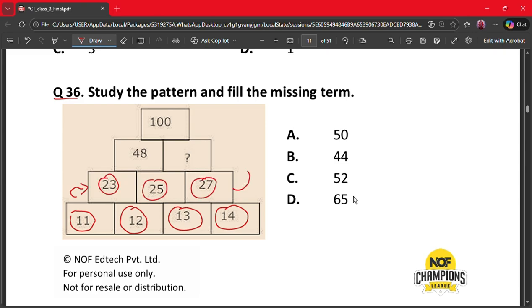And if you add these two, you will get the sum of these. And if you add these two, you will get this 100. So 100 minus 48 equals 52, and 52 plus 48 is 100. So the correct answer is 52, option C.